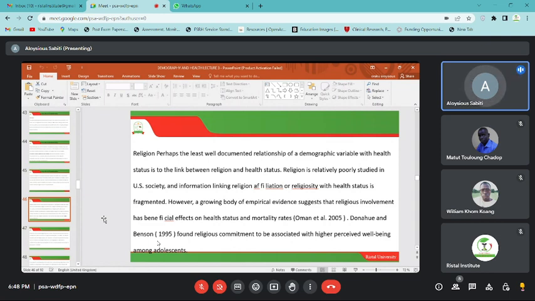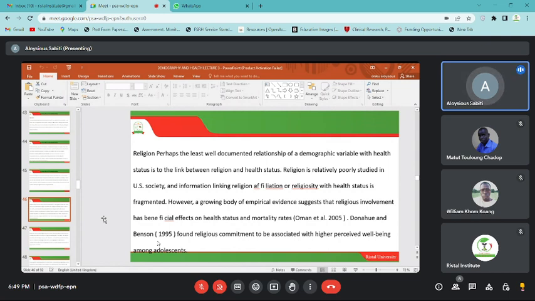However, some evidence you can see from Oman's statement. Oman was a Muslim. He suggests that religious involvement has beneficial effects on health status and mortality rates. He realized that research has shown that people's commitment or association to religion helps them, especially in mental health.